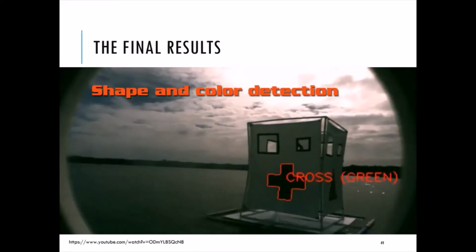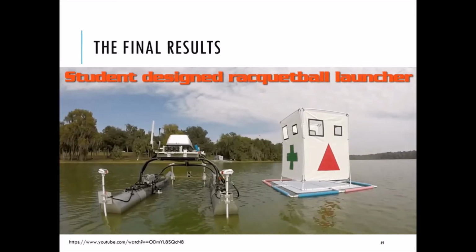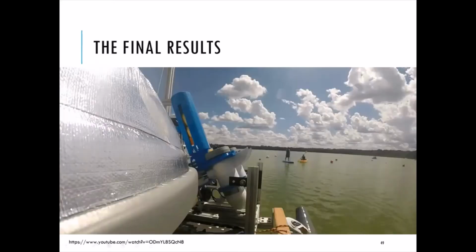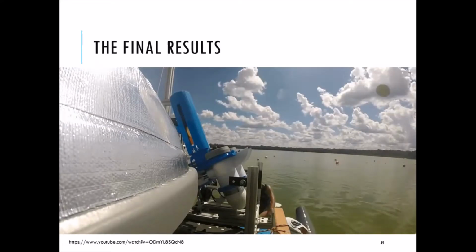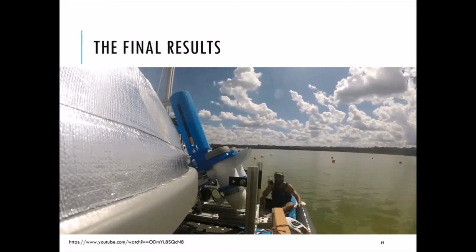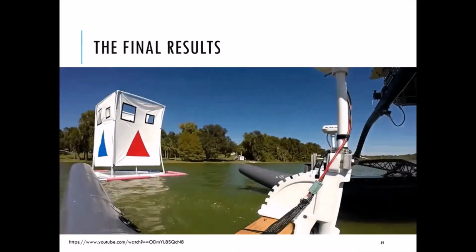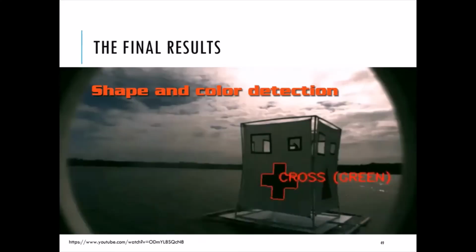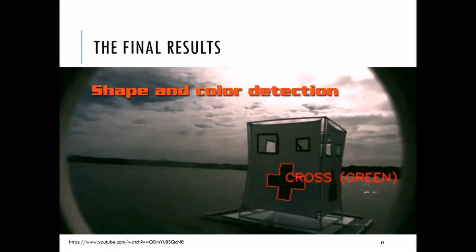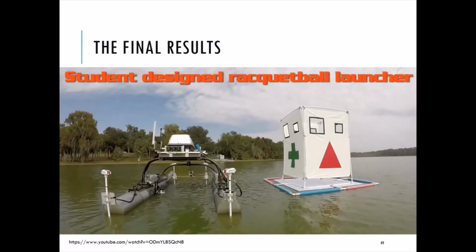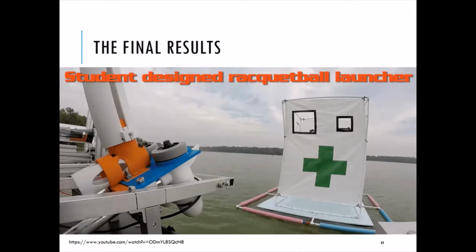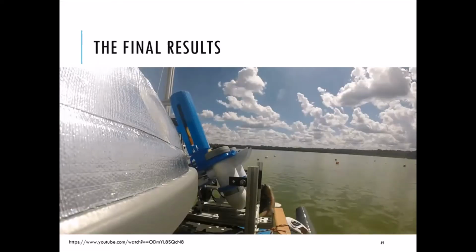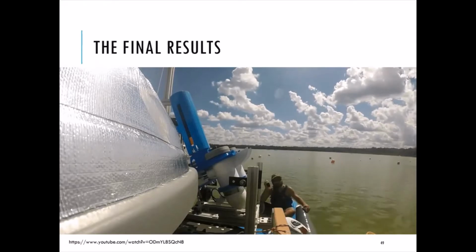The cameras are identifying which target to aim at. And you can see the racquetball launcher right here, shooting the balls in. And so it was a pretty exciting project to work on. It was a lot of fun. And we actually went on to go to Hawaii, which is where the competition was, and we won that competition.